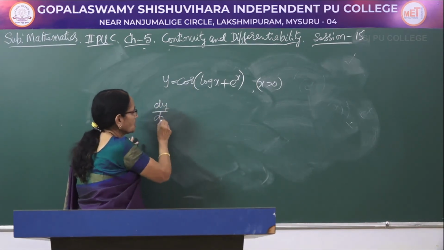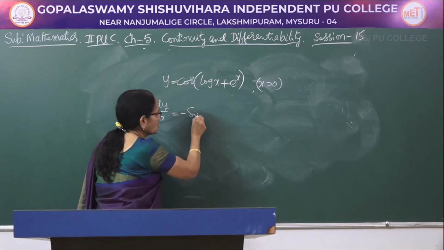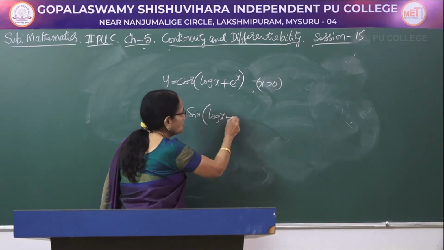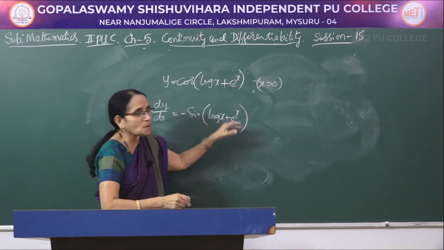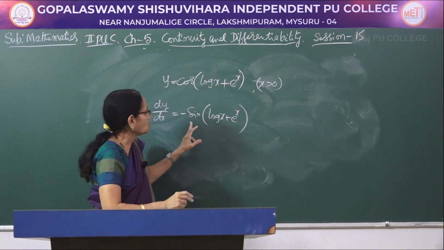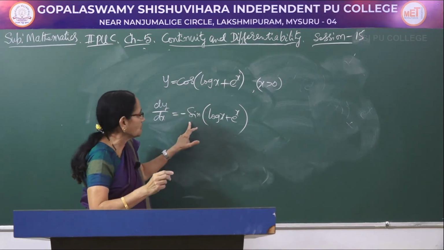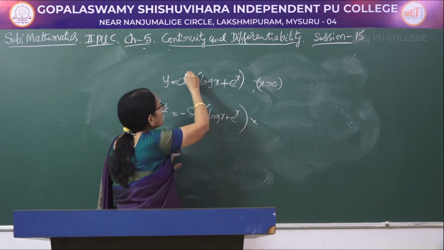As you know, the derivative of cos of something is minus sin of the same thing. First you write that one, minus sin of, don't change this one, log x plus e to the power x. Don't write minus sin of 1 by x plus e power x. That is not correct. We have to consider the derivative of functions one by one. Cos would become minus sin having the same term there. So into, so this part is over.